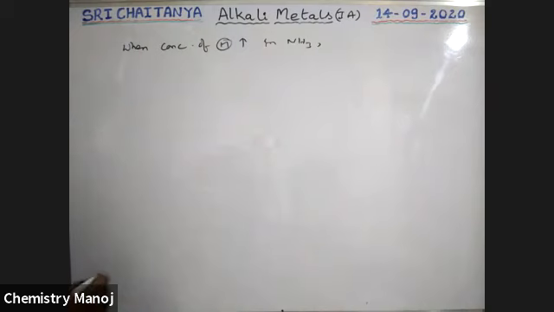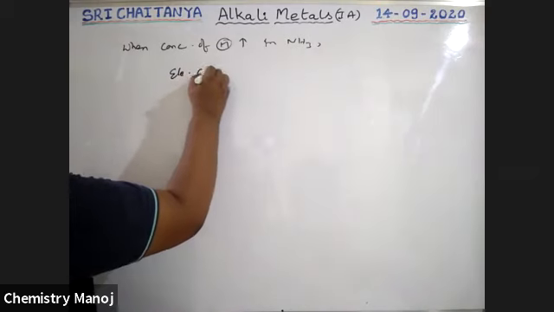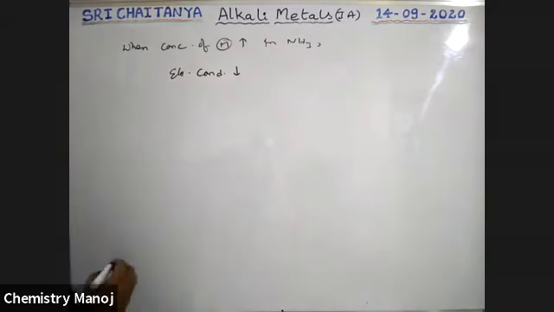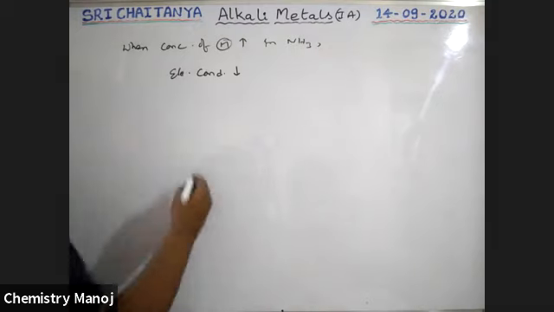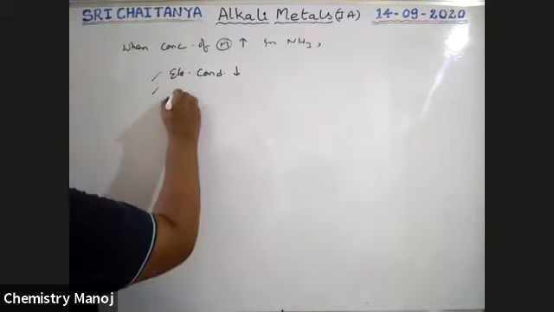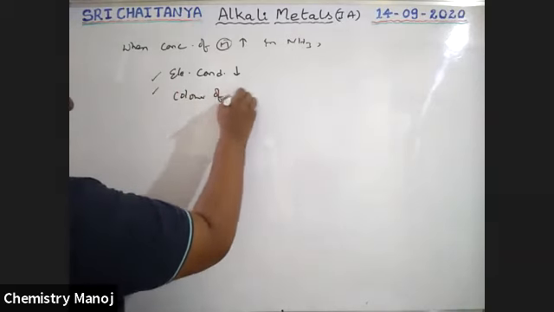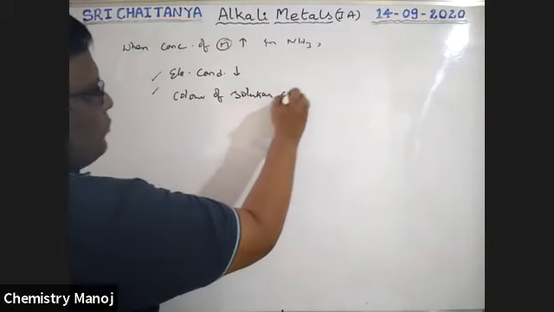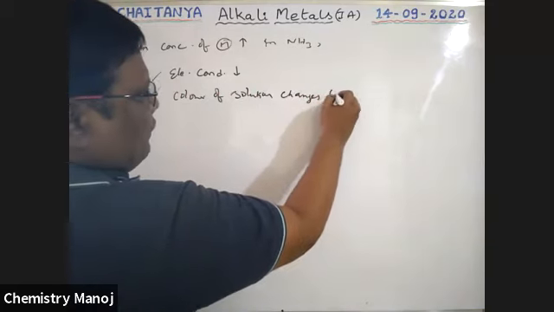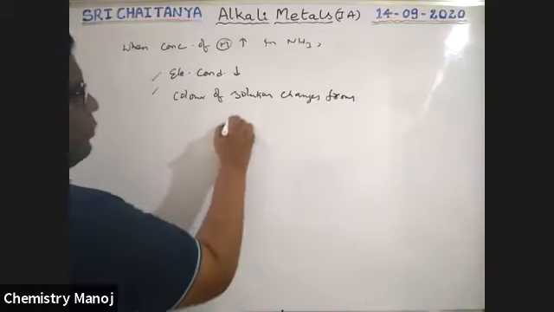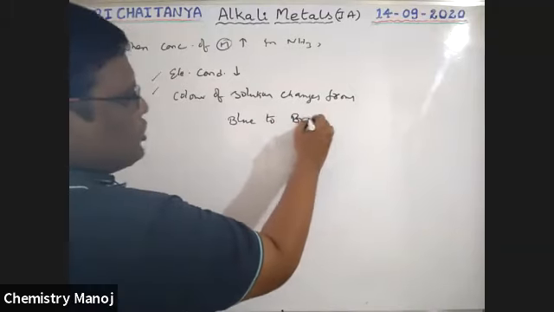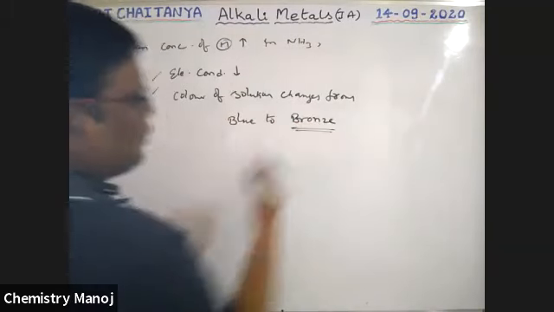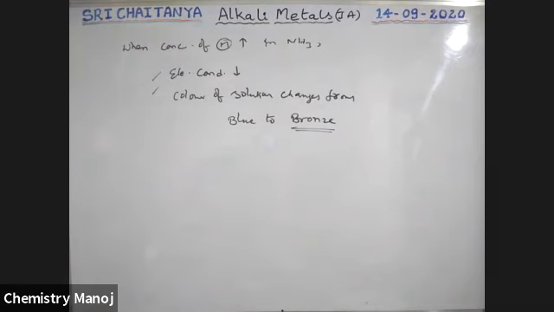So, very, very important: when the concentration of metal in ammonia increases, electrical conductivity decreases, and the color of the solution changes from blue to bronze.